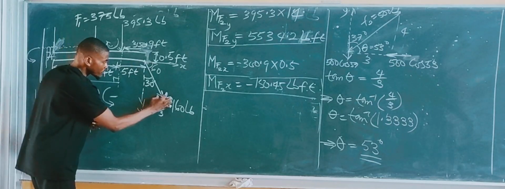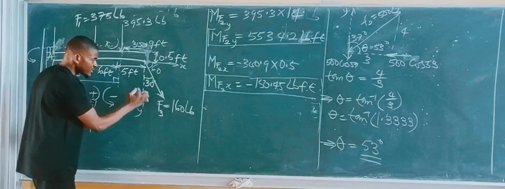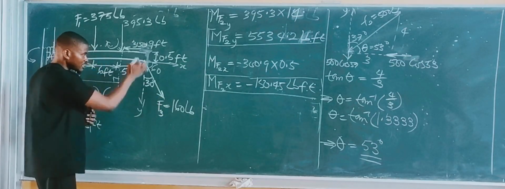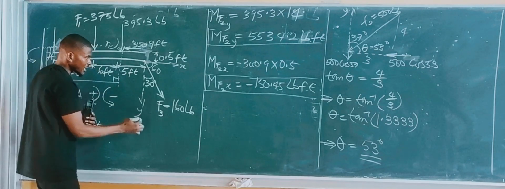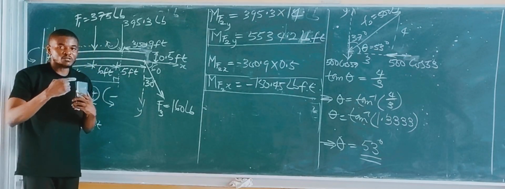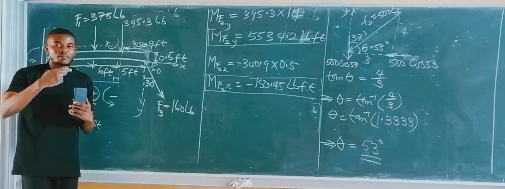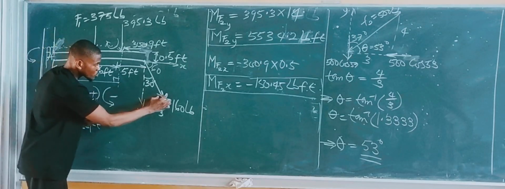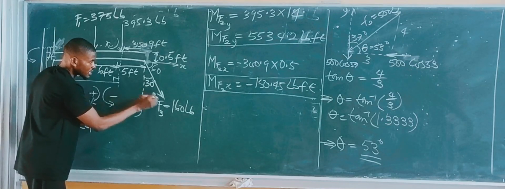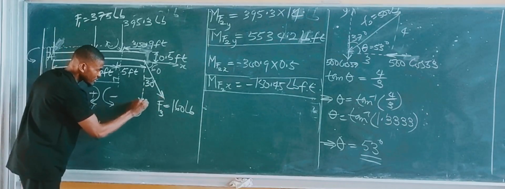If I want to resolve this force into the Y axis, simply pull the force to the vertical line. If the force passes through the angle, multiply the force by the cosine of the angle it passes through. So if I pull this force to meet this line, it passes through this angle of 30 degrees. Watch the arrow as well: the arrow points downward.